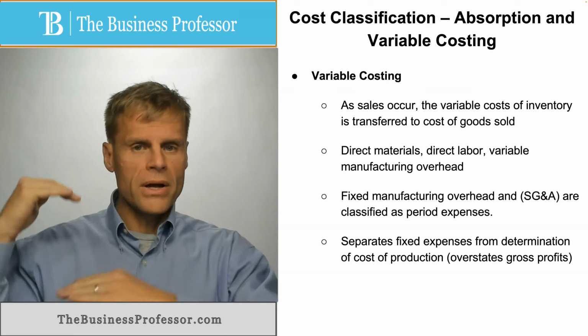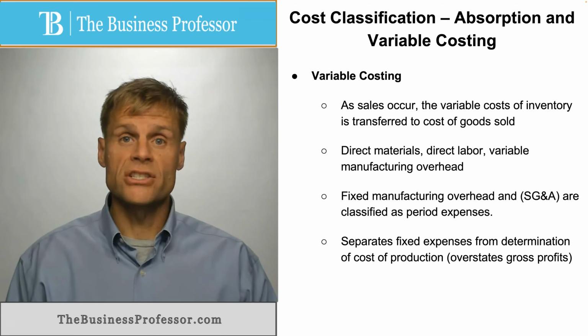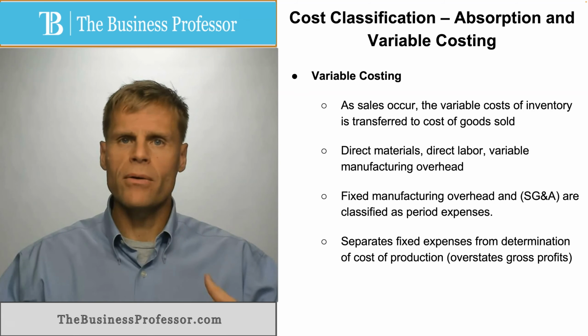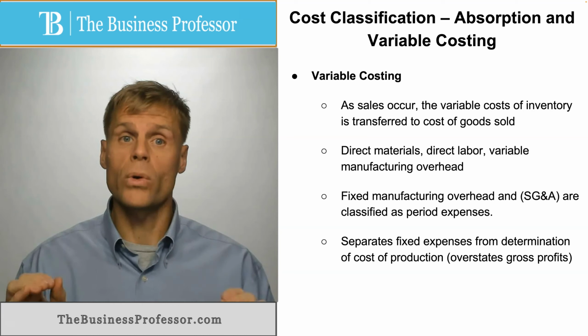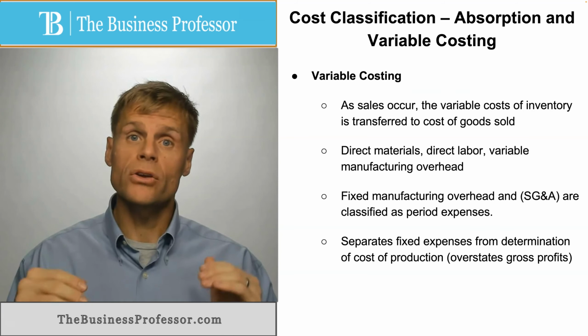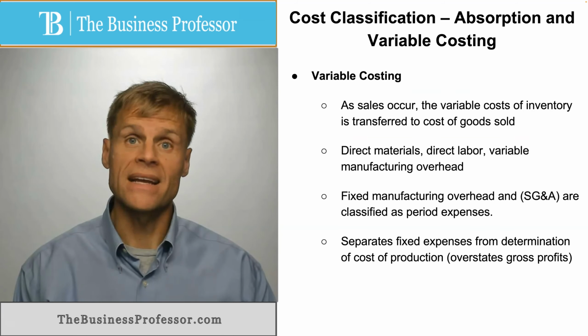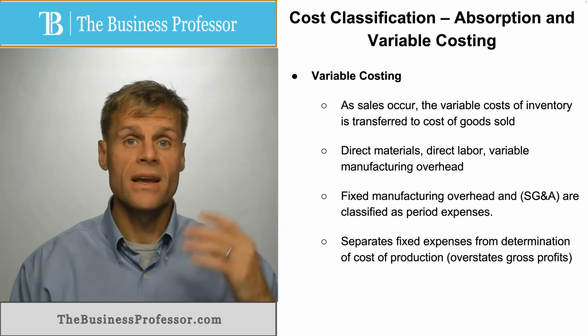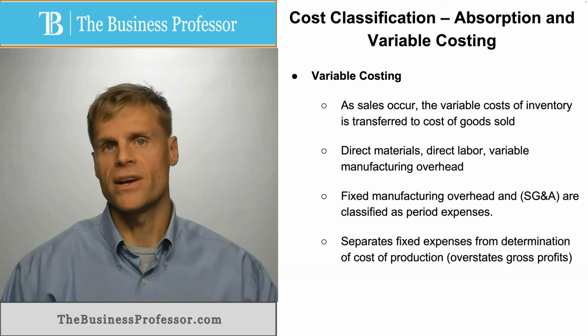But your selling and general administrative expenses are higher. So once again, it comes down to how it appears for reporting purposes as to where you record those fixed overhead expenses. And that's how cost classification works and the difference between absorption and variable costing.